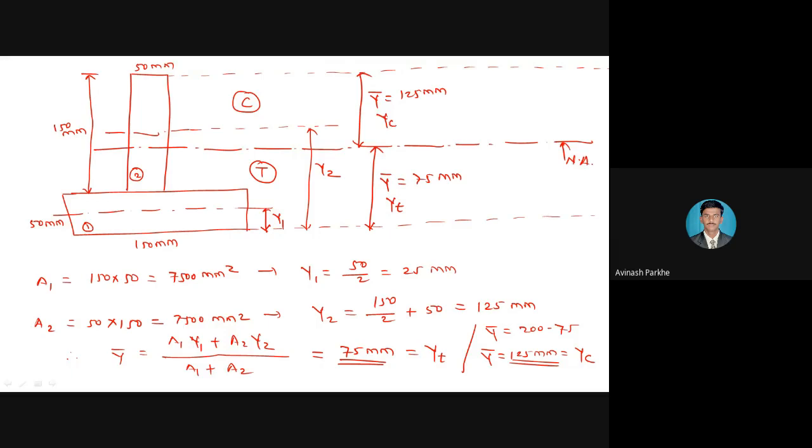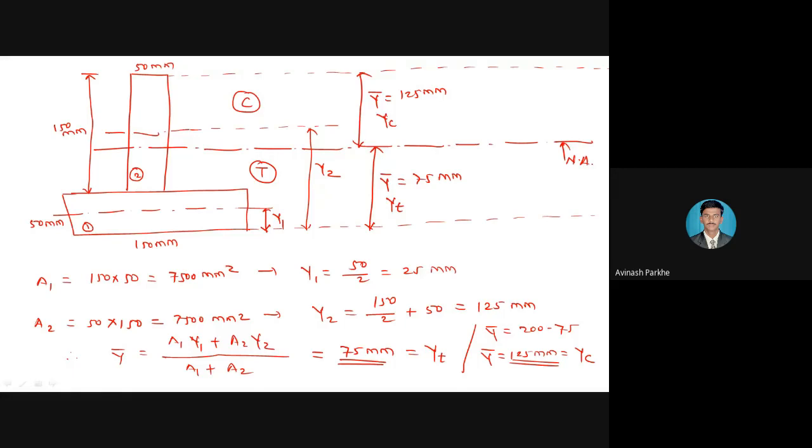That means by using the sagging bending moment, we have segregated which one is the YT distance and which one is the YC distance. Above neutral axis, YC because compressive region; below neutral axis, YT because tensile region. Now both y bars we have calculated.